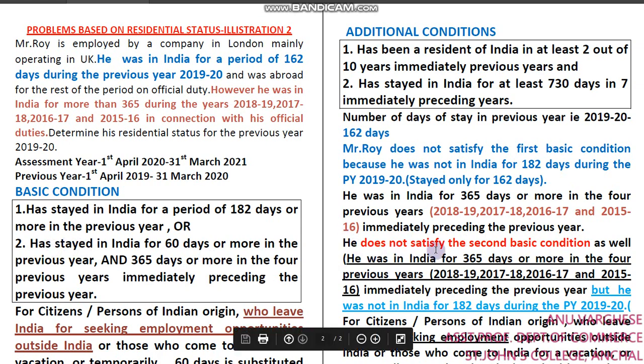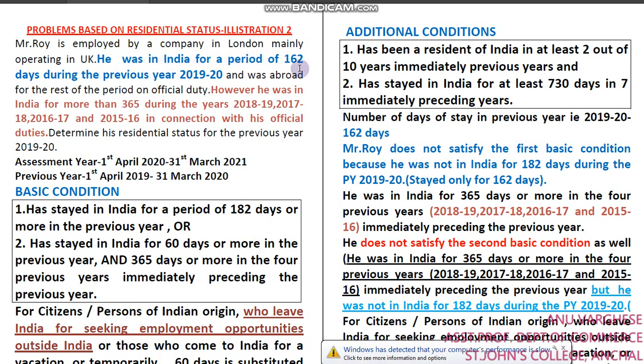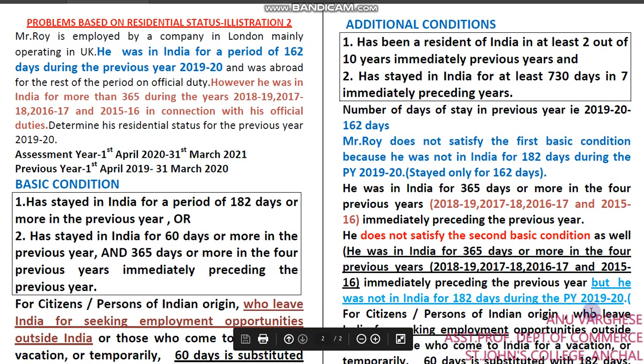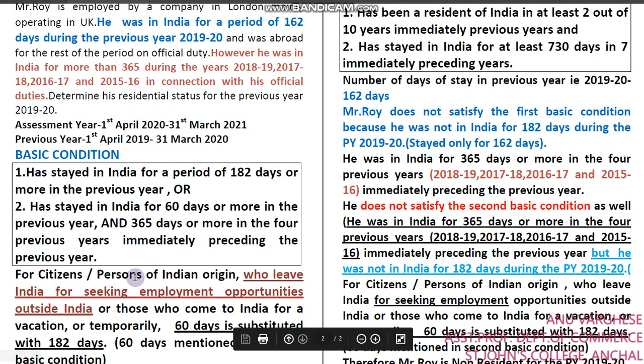But he does not satisfy the second basic condition, because here it is stating that he was in India for a period of 162 days during the previous year 2019-20. He was not in India for 182 days during the previous year 2019-20.